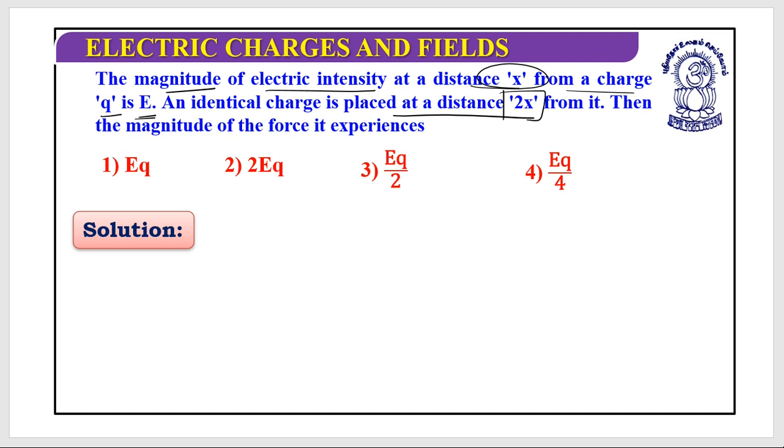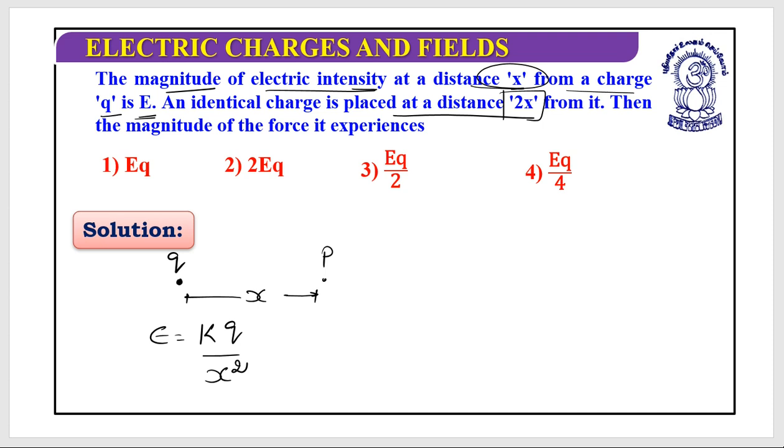Let's say this is charge q, and you require an electric field at this location. This is x, and here you have given that electric field is E. If I want to write the magnitude of it, it is kq by x square.